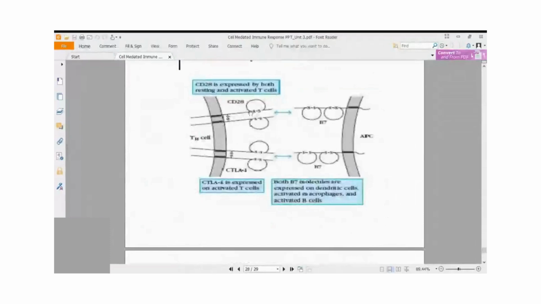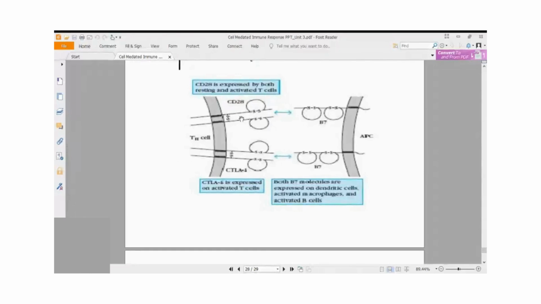So first I will take the CD28 receptor and its interaction with the B7 receptor. The CD28 receptor is expressed by the T cells, irrespective of whether they are CD4 or CD8 T cells. Both of them are supposed to express these receptors.